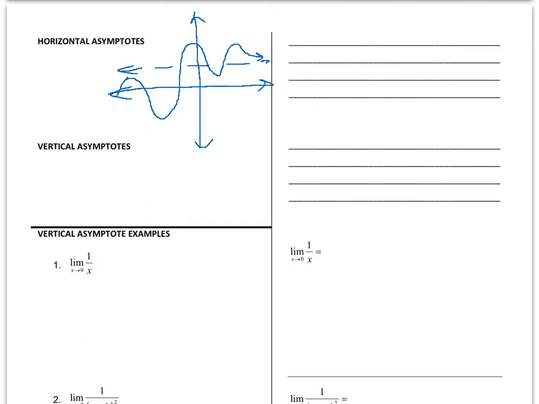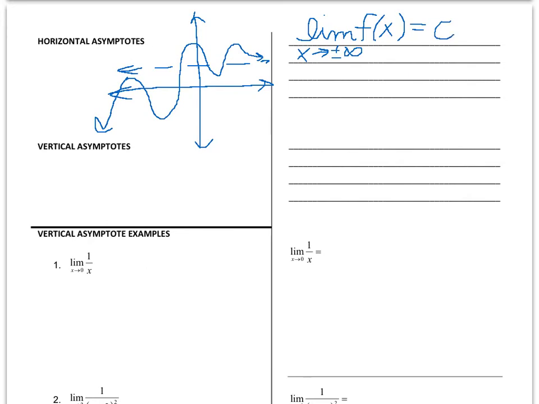Perhaps one part of the graph approaches this line and the other part of the graph does not. A horizontal asymptote is basically asking us to find out what happens to the function values as x approaches either positive or negative infinity. And it could be two different values. But the idea is, if there is a horizontal asymptote, then there is a limit value to this problem.